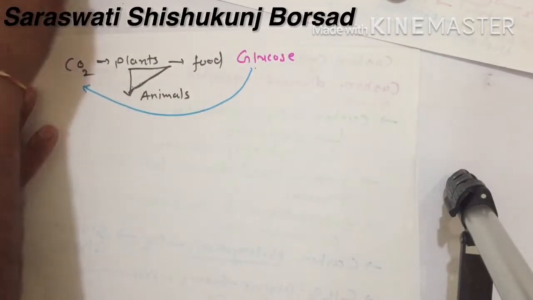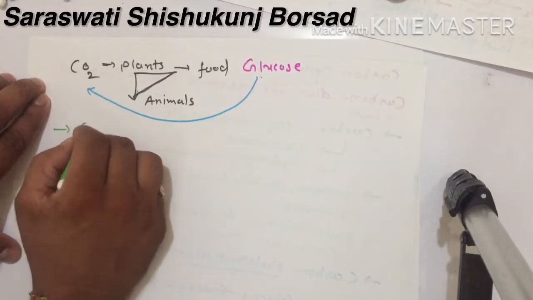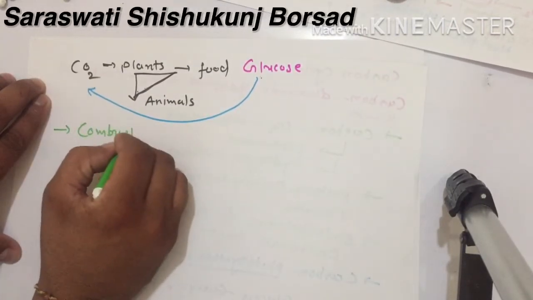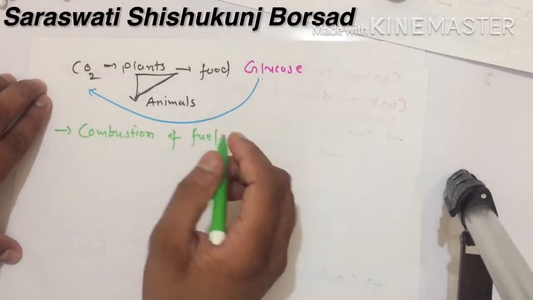Okay, also there are some different processes by which carbon dioxide is released. Out of that, one is combustion of fuel which we use in automobiles, right?